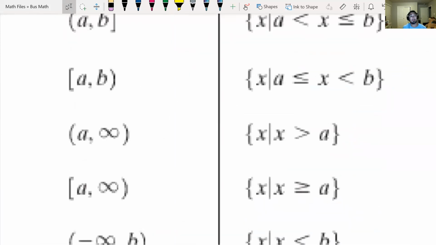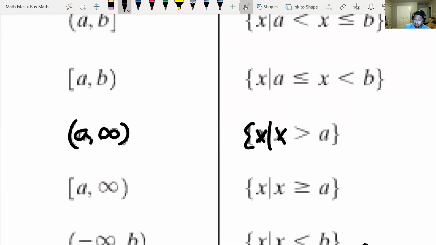Next is parentheses A, comma, infinity. Well, if you ever see this notation, this means that for all x, such that x is greater than A. Because if it's A to infinity, this means that all your values of x are greater than A, which means they're headed towards infinity.